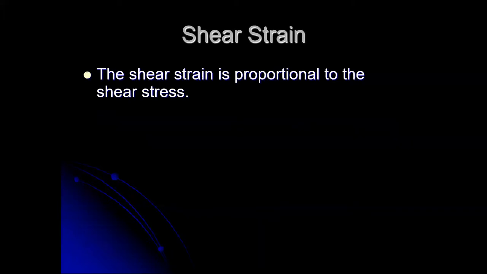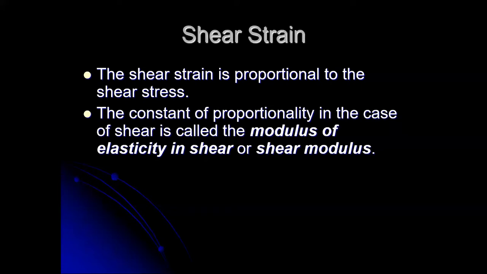So shear strain does have a proportionality, just like normal strain was proportional to normal stress through Hooke's law. Shear strain is proportional to shear stress. There is essentially a modulus of elasticity, but in shear instead of in normal. So we have a modulus of elasticity in shear, or a shear modulus.